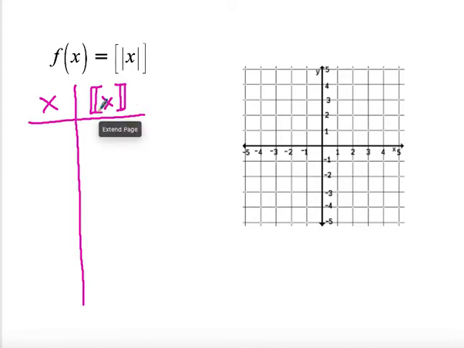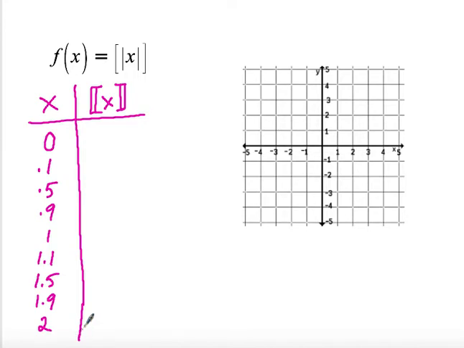I want you to see what's actually happening, so I'm going to pick a lot of decimal values. I'm going to start with 0, then pick 0.1, 0.5, 0.9, 1, 1.1, 1.5, 1.9, and 2. Eventually you won't need to pick all of these values. I just want you to get a feel for what's happening here.